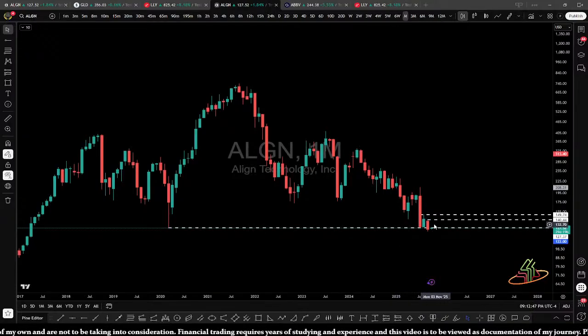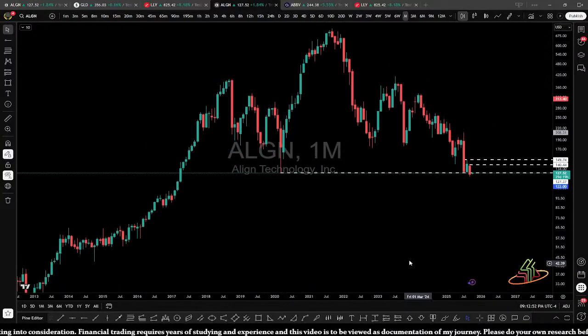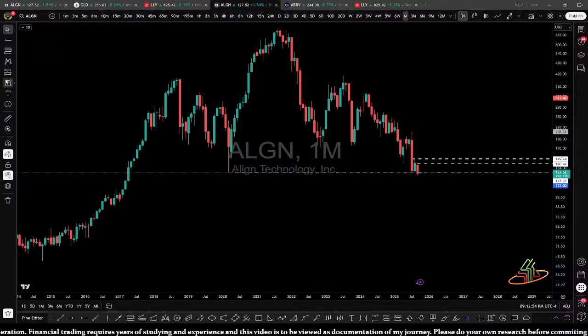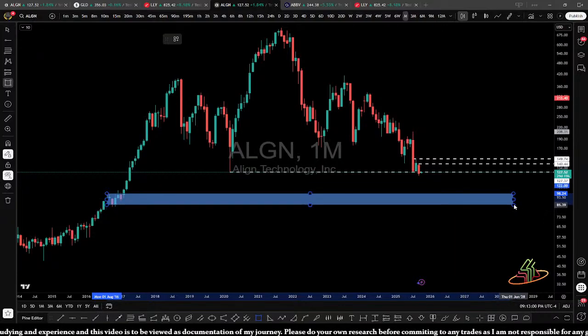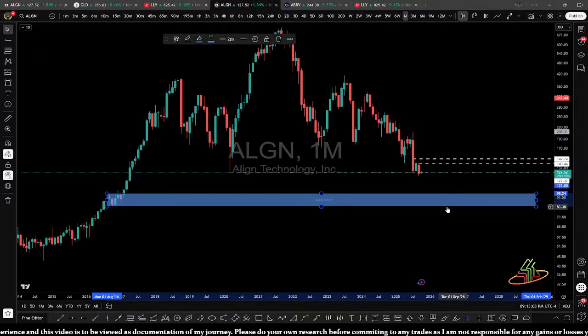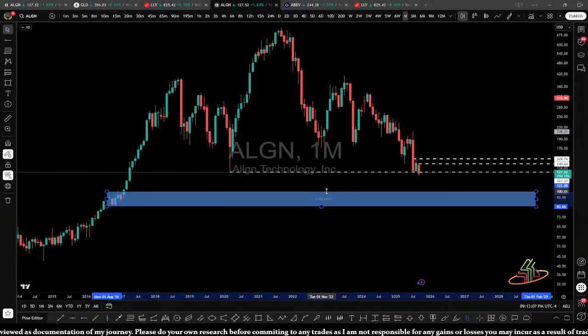Price should kind of try to regain this right here, right? If it happens to break down lower than this, you want to aim for breakouts. Breakouts are consolidation, right? So this would be the last breakout, this area right here.